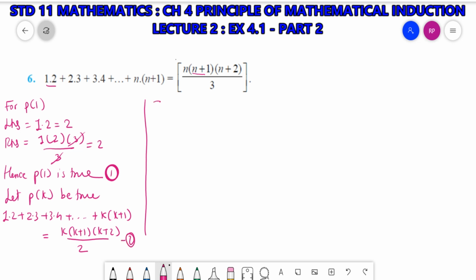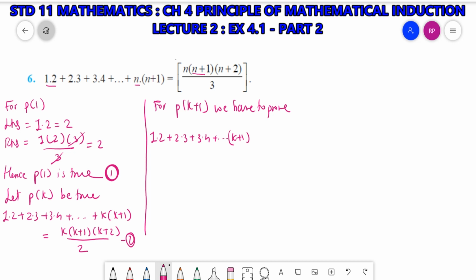Now for P of k plus 1, we have to prove 1 into 2 plus 2 into 3 plus 3 into 4 up to, instead of n, k plus 1.